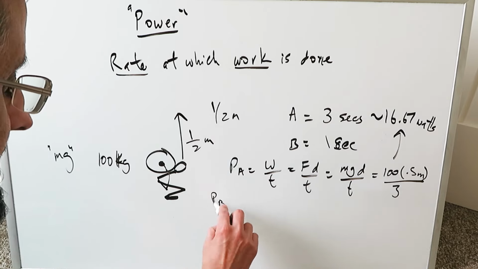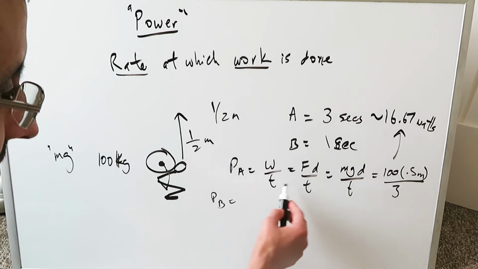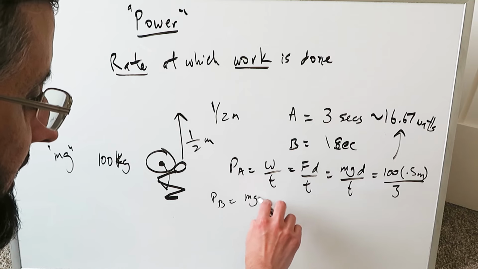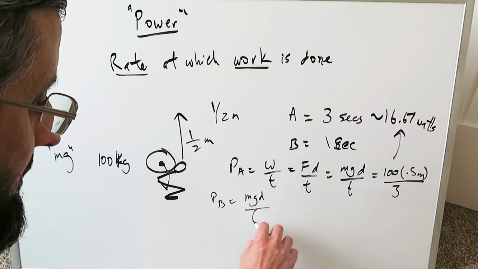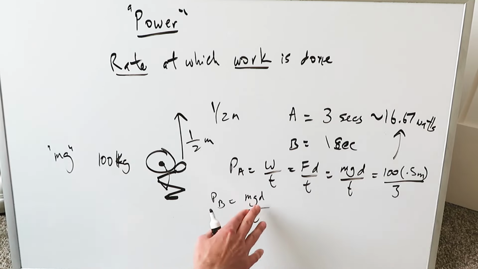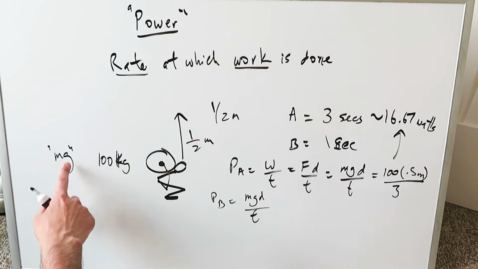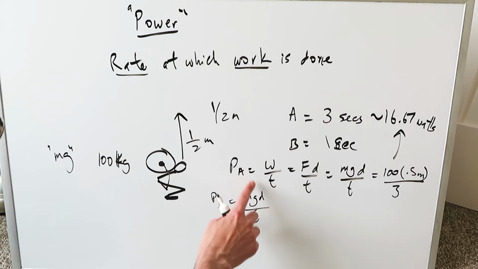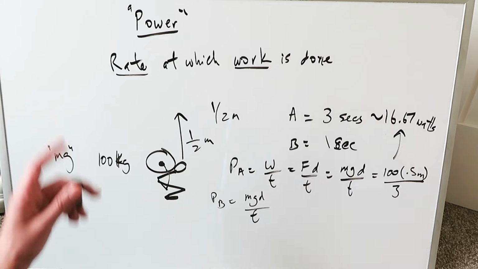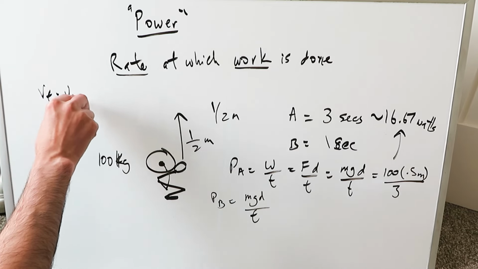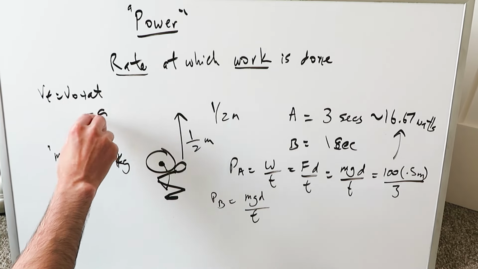What about person B? What's the power of person B? Well, they're going to go through the same exact formula: mass times gravity times distance over time. And remember, the beauty of these formulas is if you know acceleration, mass times acceleration times distance over time, you can bring in velocity using Vf is equal to Vo plus At. You can solve for this acceleration.